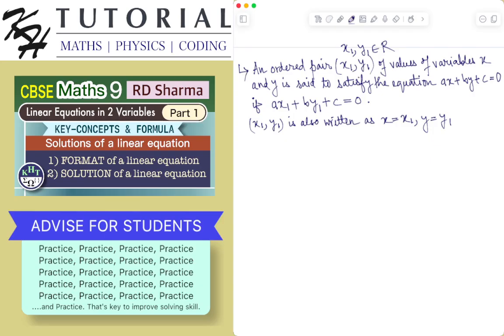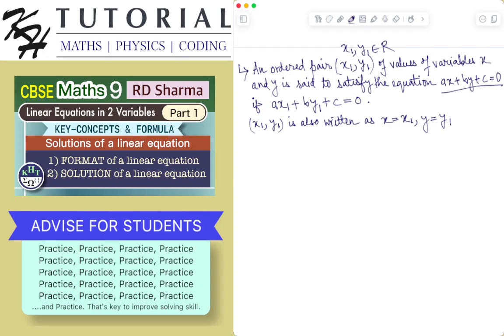An ordered pair x1 comma y1, where x1 and y1 are real values, of the variables x and y is said to satisfy the equation ax plus by plus c equals 0 if, when I substitute x with x1 and y with y1, the LHS equals the RHS.